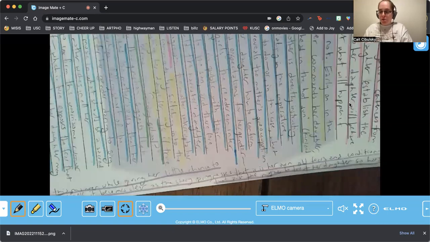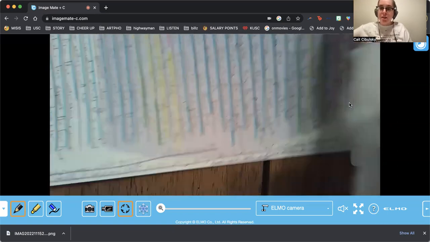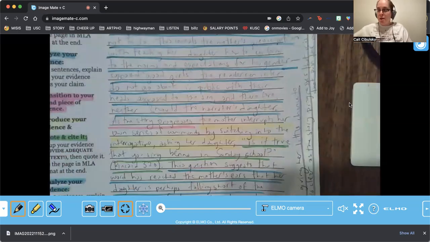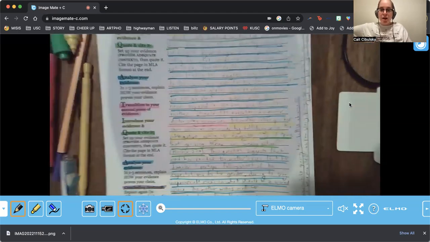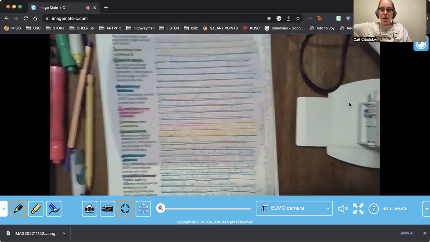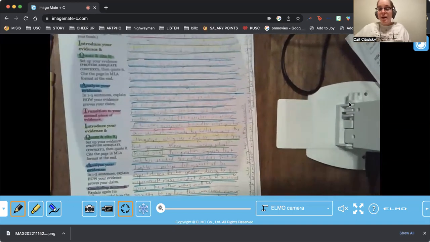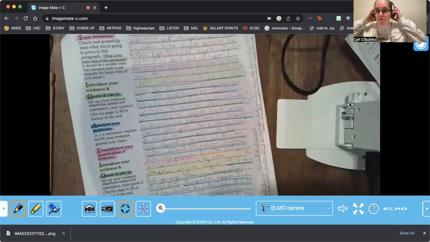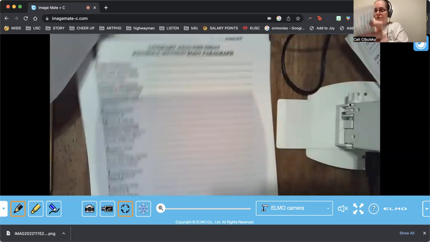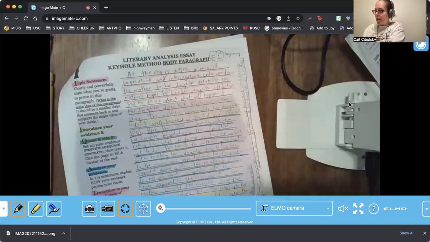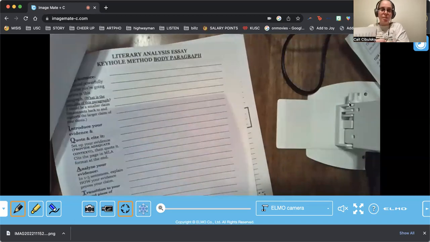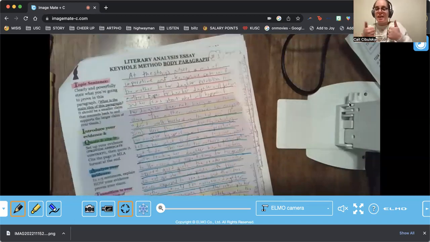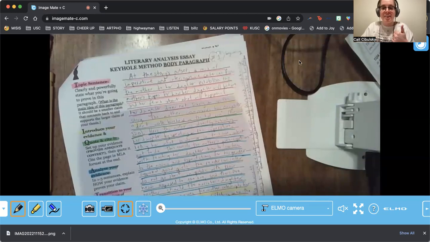You don't have to color code yours. I just did that so you can kind of see this in action here. But yeah, boom, we've got a body paragraph. And then, of course, you would repeat that process for your second and third body paragraphs.